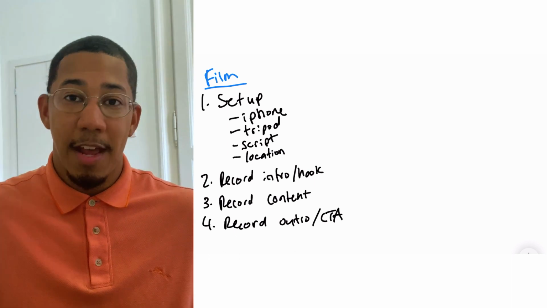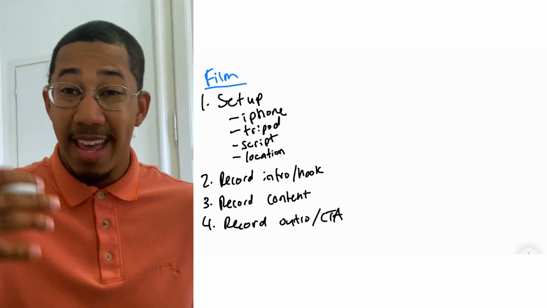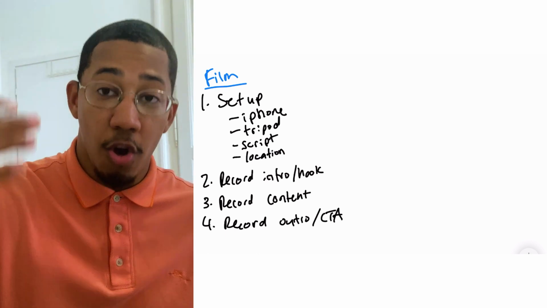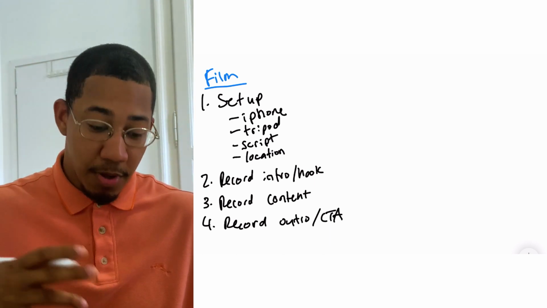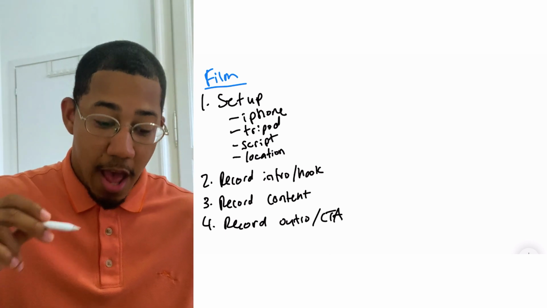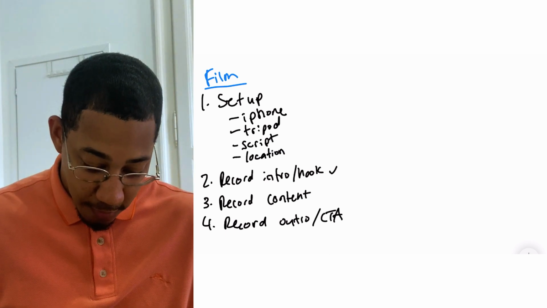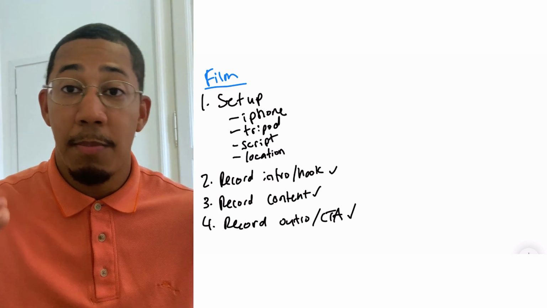This way, people that are watching my videos have an opportunity to actually become a client of mine and I can actually book calls, right? But some of them aren't gonna know to do that unless I mention that, and that's where I put that at the end of the video. I have my call to action. And so after I have done the hook, after I've done the content, and after I've done the CTA, I'm now done with the filming part of the video.